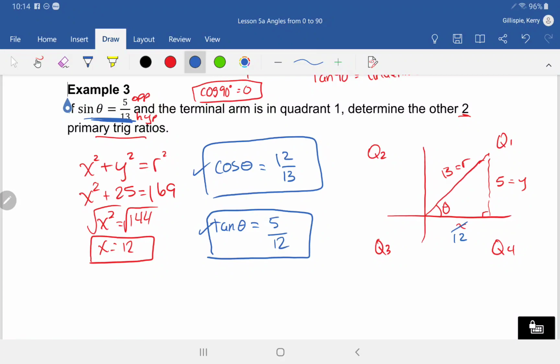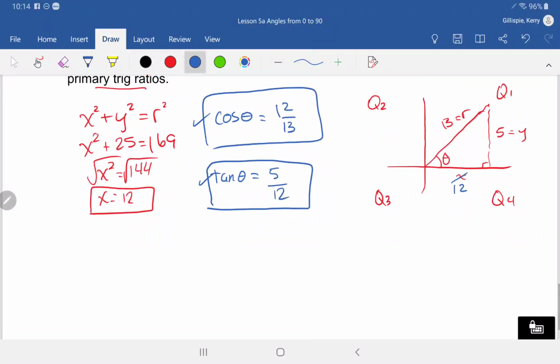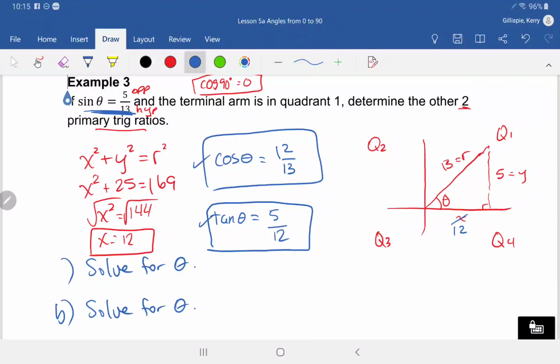Again, this question is not asking for the angle, so you don't have to do it, but I will put a part B on where I do ask for the angle. So solve for theta. And then basically all you have to do is do the sine, cos, or tan inverse of any of the 3 of those.